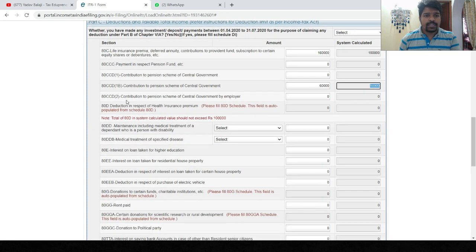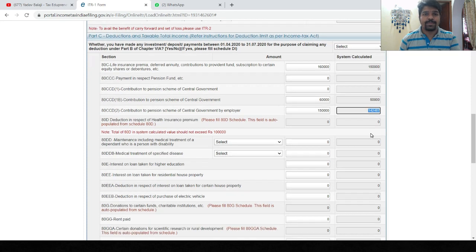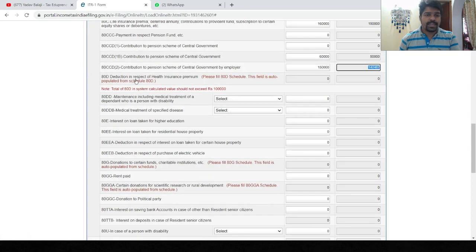And in 80CCD(2), my salary is 14 lakhs, so 10% of 14 lakhs is 1,40,000. So if my employer invests 1,50,000 also, I am eligible for 1,40,000 only. So 10% of that.